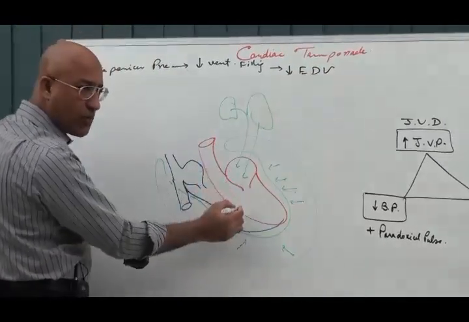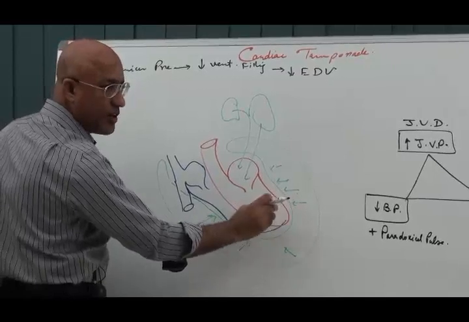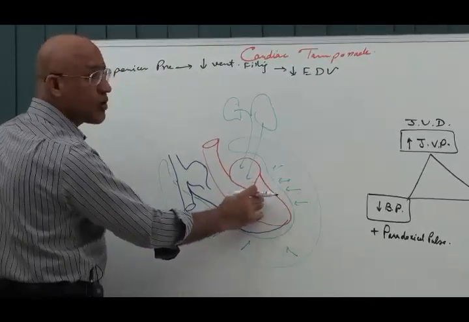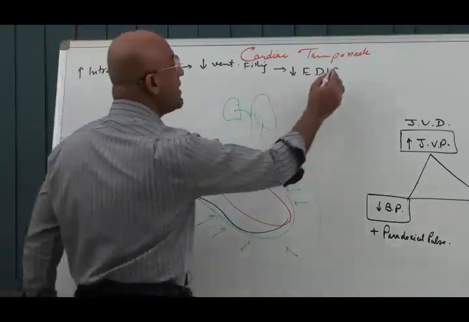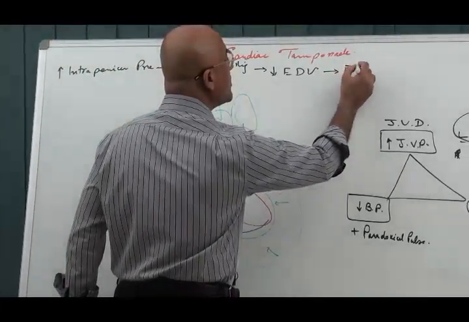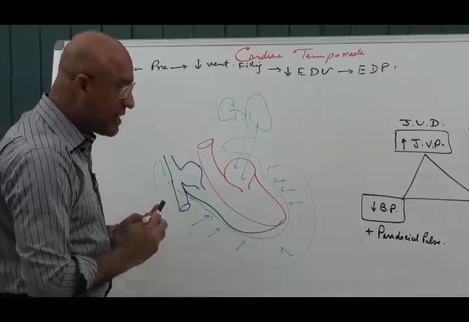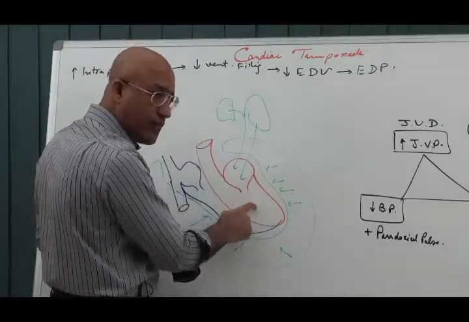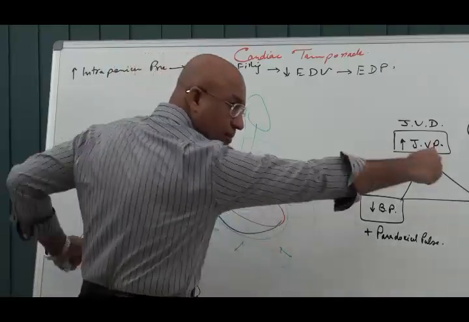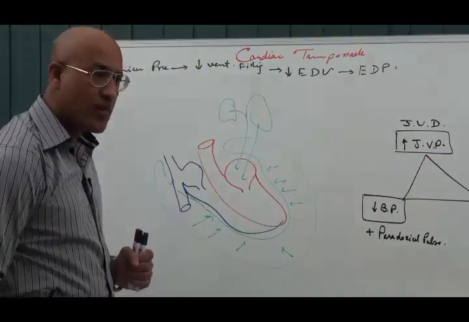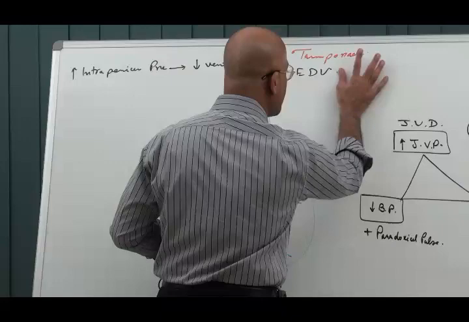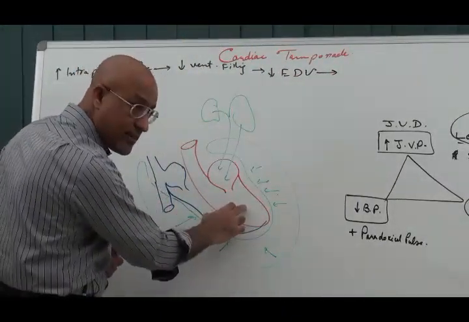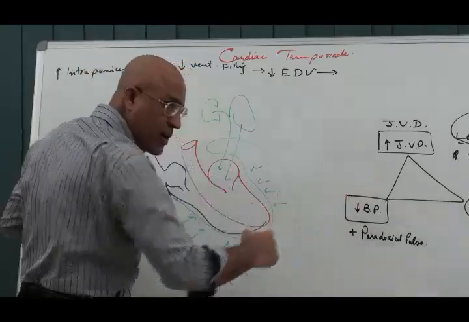When ventricular filling will become less, at the end of the diastole, total volume here will be less. And if end diastolic volume is less, of course, end diastolic pressure is also less. And secondly, when there is underfilling of it, can it stretch the myocardium? If, okay, leave it, end diastolic volume is less, and when end diastolic volume is less, can it stretch the myocardium well?